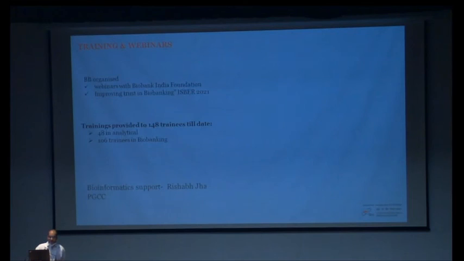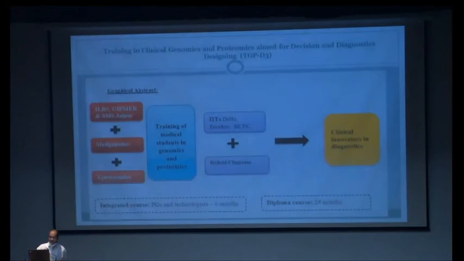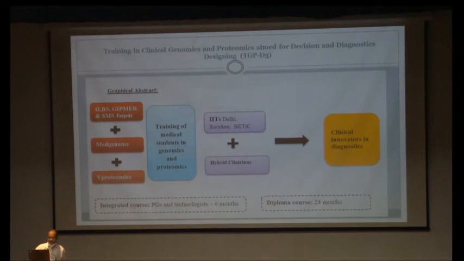And we have also launched this PGCC program for bioinformatics to help the students. And we have planned a program, not running right now, called TGP3, so we can provide the training with collaborations, and it is a two-step process.